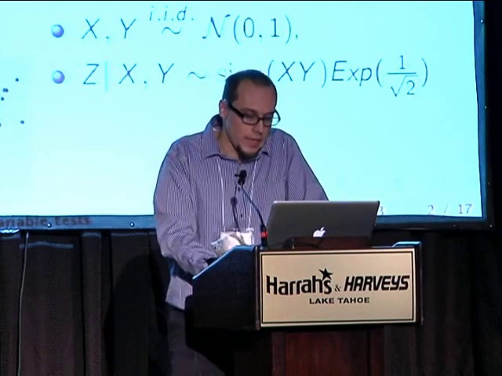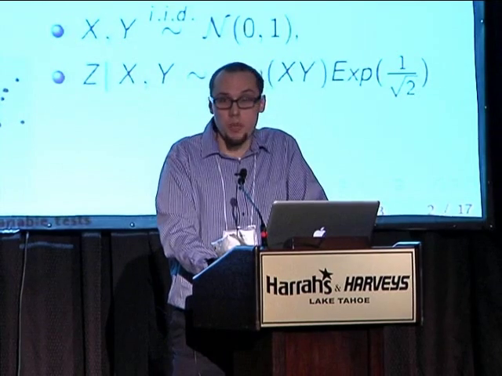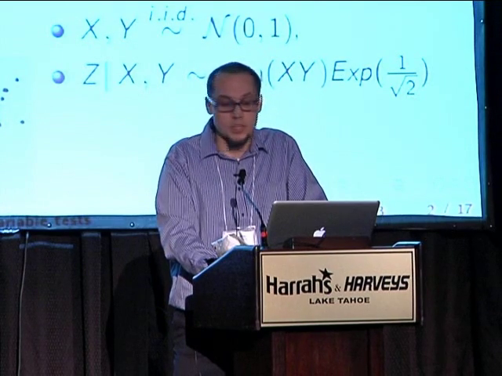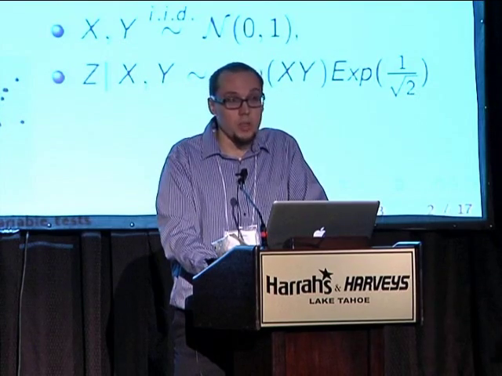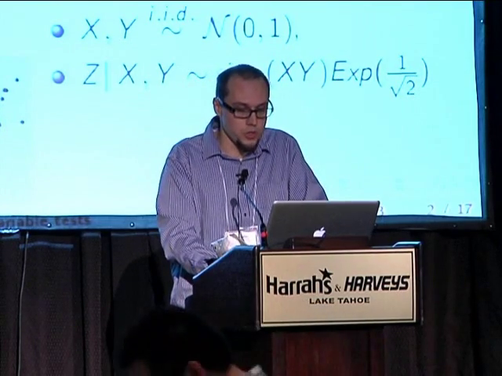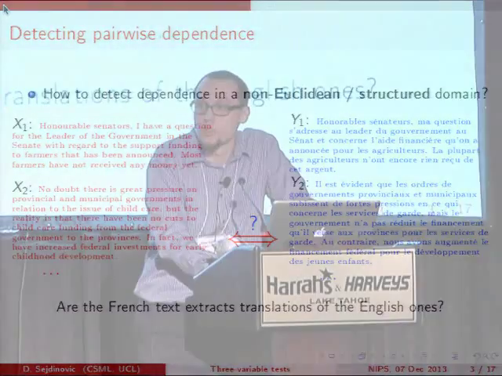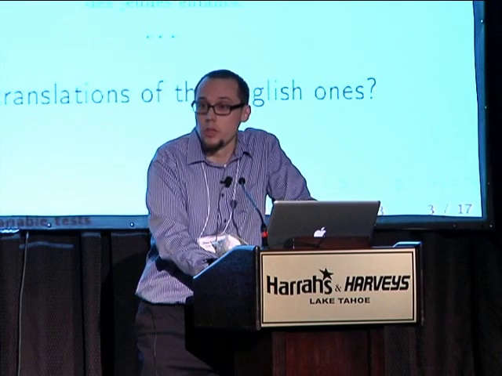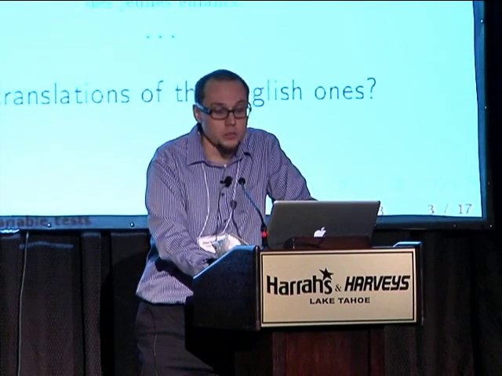But before we get in there, we will first review how to do a standard pairwise independence test. This has been known for a couple of years now, based on embeddings of probability measures into reproducing kernel Hilbert spaces. Let's say that we have data that looks something like this. We're interested in a fully non-parametric framework, so our data may lie in a non-Euclidean structured domain.